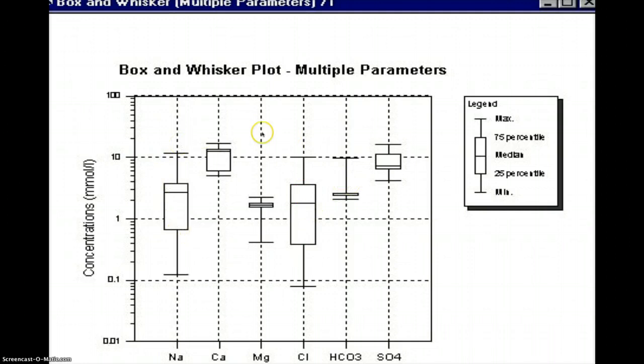All this is really good for is to give you an idea of how the data is distributed, how clumped together it is, and where the data gets distributed. So if we look at this one, we'll see it has a very, very narrow interquartile box, and it has some data that is way out on one end.